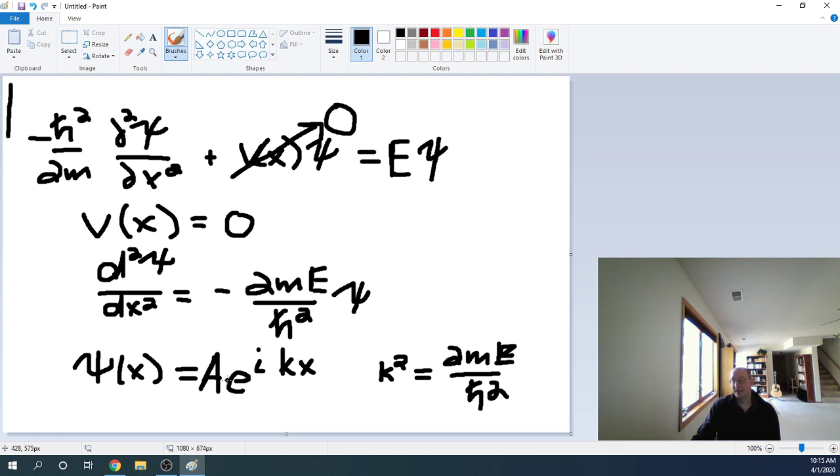So a sine or a cosine or a complex exponential all give the same result, that when I take the second derivative of that function, I get minus a constant squared times the original function back. And this is the wave function that works for a free particle. I'll pause and see if that's okay, or if you have a further question on that, either Maggie or Josh.